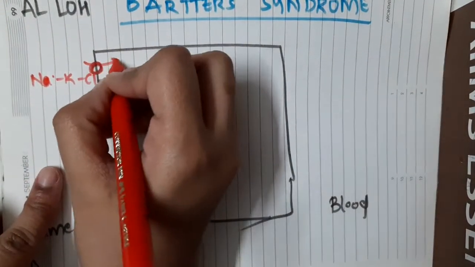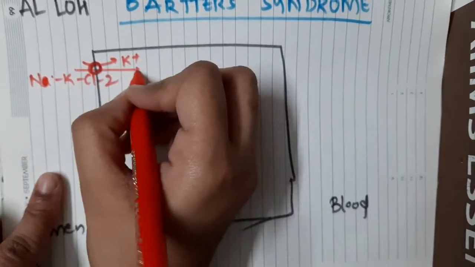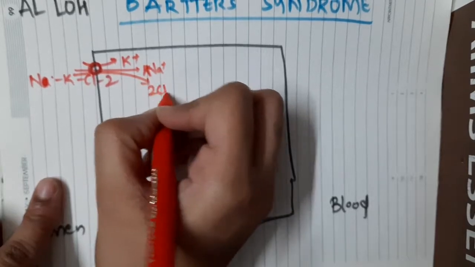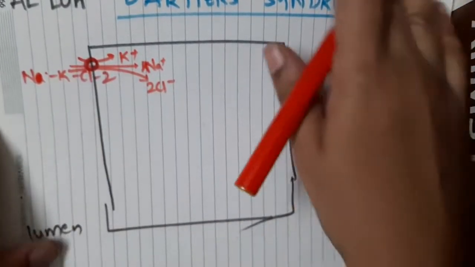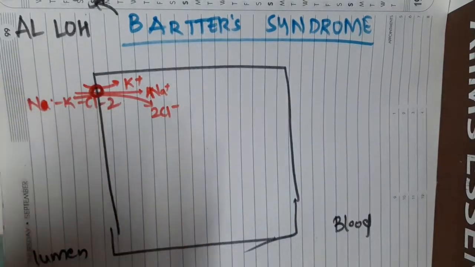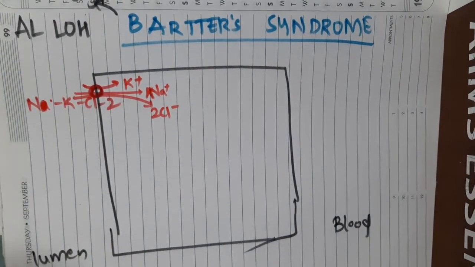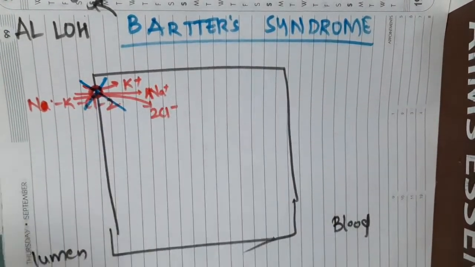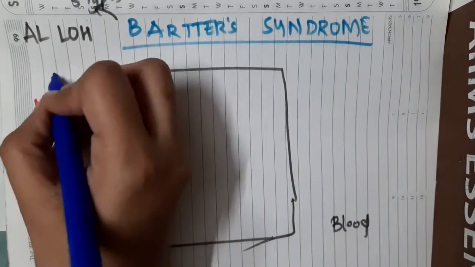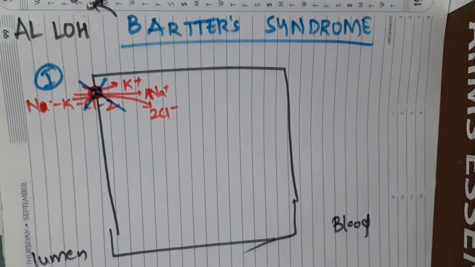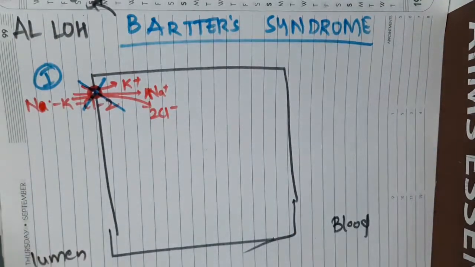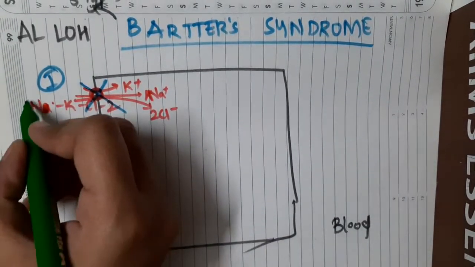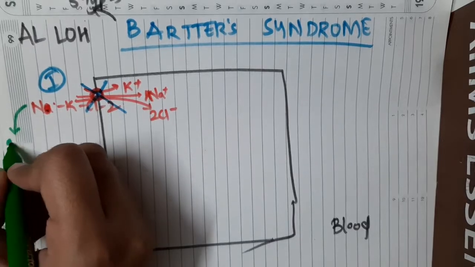Normally, it helps in reabsorption of sodium, potassium and 2 chloride. But if there is a defect in this reabsorption, this will result in type 1 Bartter syndrome. As a result, the sodium, potassium, chloride are not reabsorbed, so they are excreted in the urine.